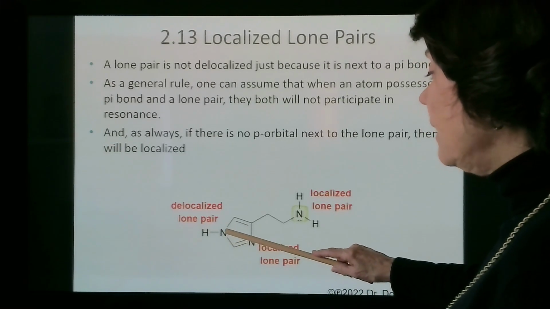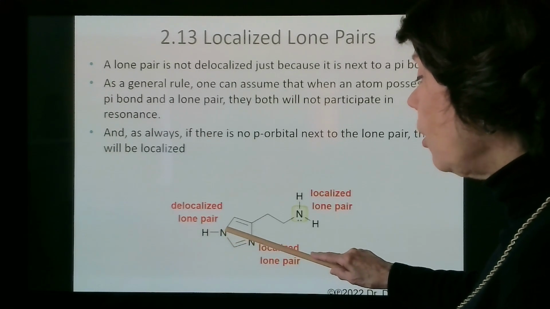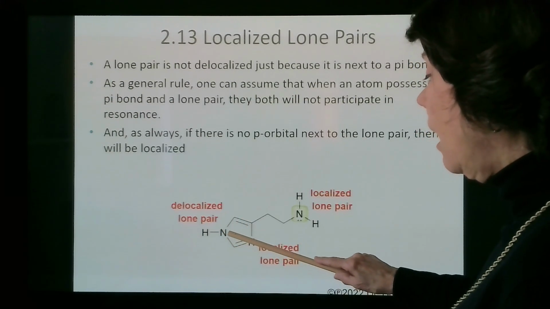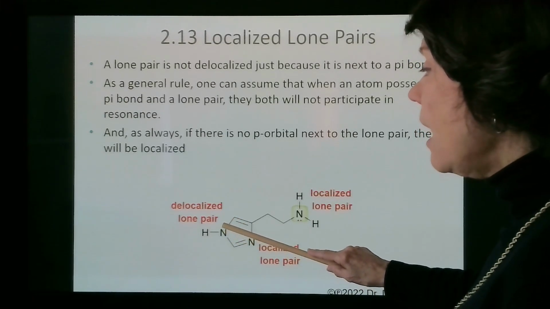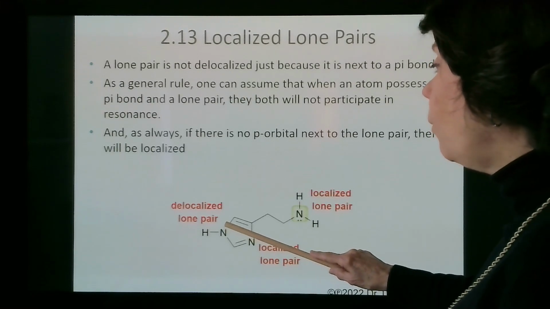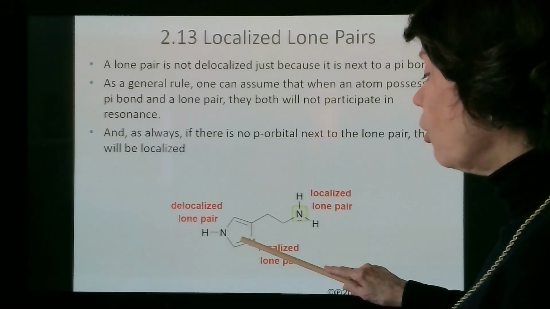So here we have a nitrogen atom that does have a lone pair on it, and that lone pair is delocalized across this system. As a matter of fact, that pair of electrons will be involved in resonance, and also it will create an aromatic ring.